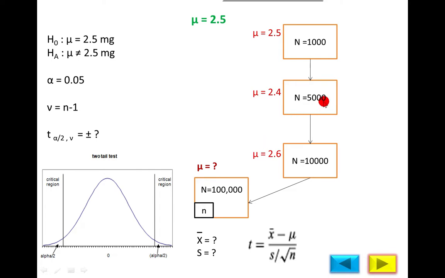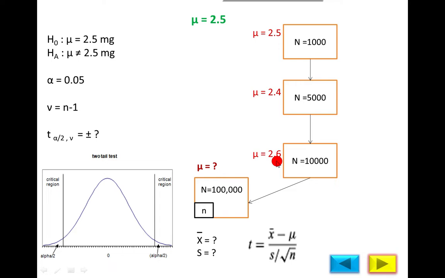Next year production increases from 5000 to 10,000, and in the same way you calculate the weight of all 10,000 tablets, and the average weight is 2.6. According to the criteria, requirement and quality control procedure standard, there is no difference, so you can say the production is okay.